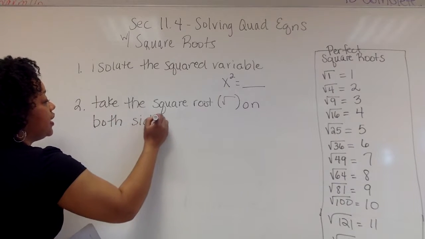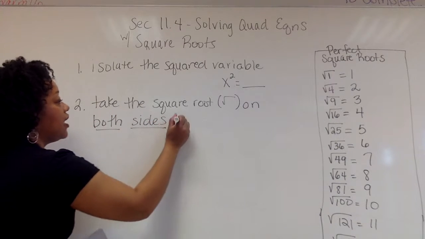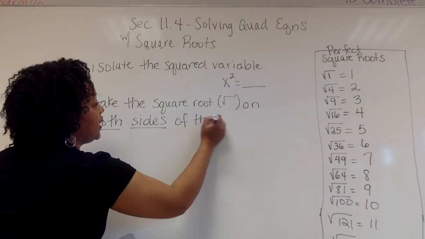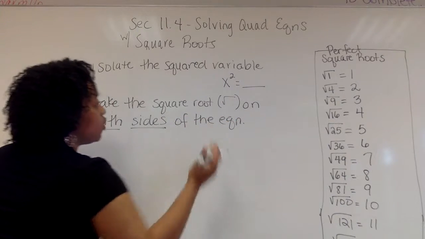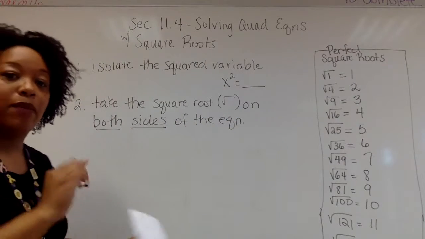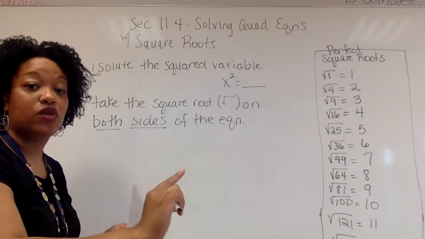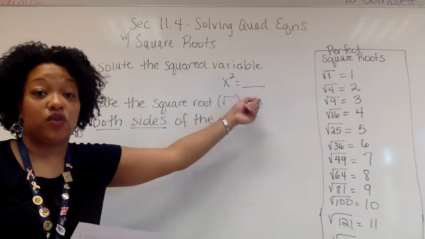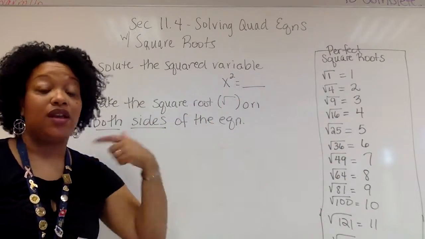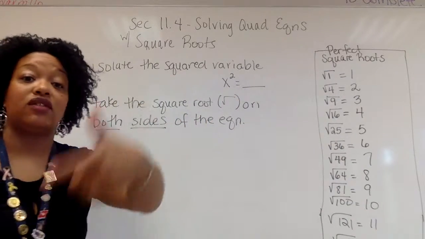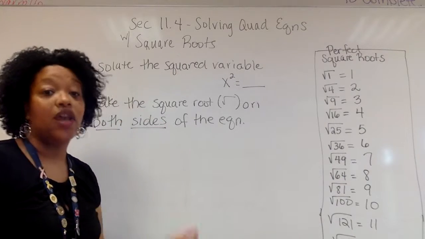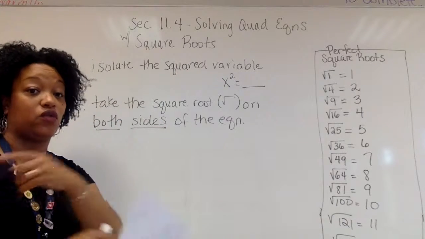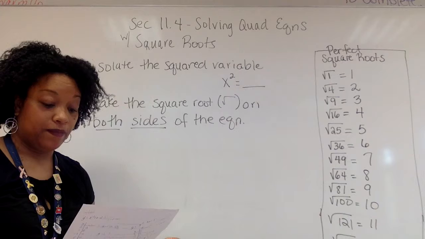Let's underline both sides of the equation because that's going to be important. All right. Now, why do you have to take the square root on both sides of the equation? Because whatever you do on the left, you have to do on the right. It's just like when we were solving equations. If you subtract on one side, you got to subtract on the other. So you've got to do both sides or it's going to be wrong.